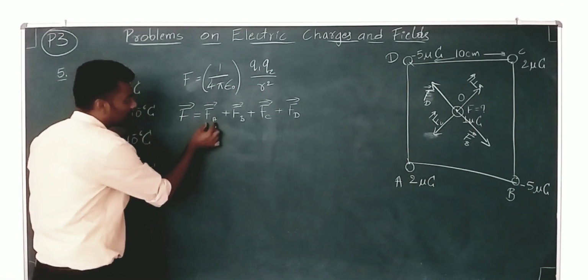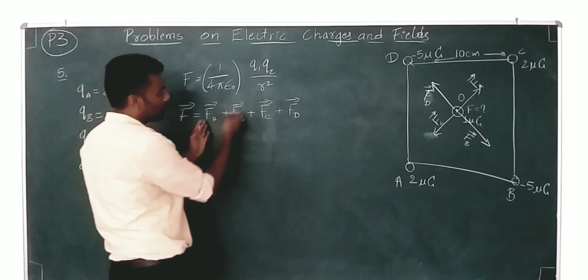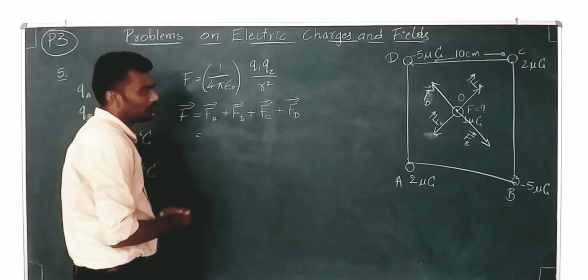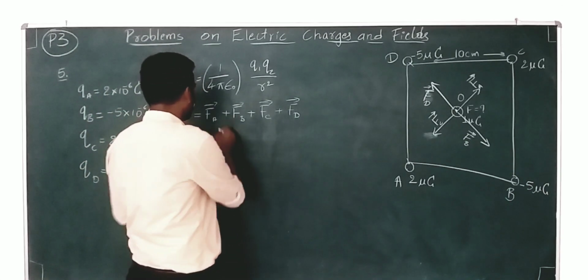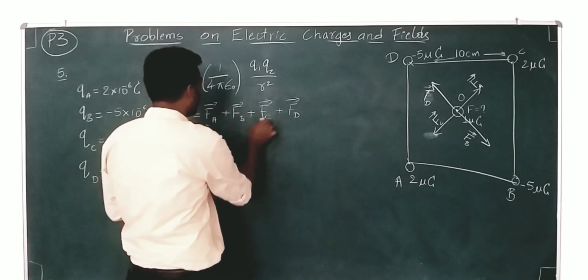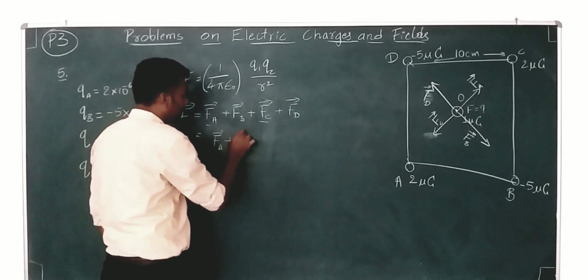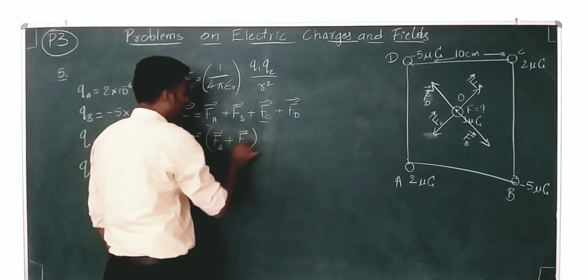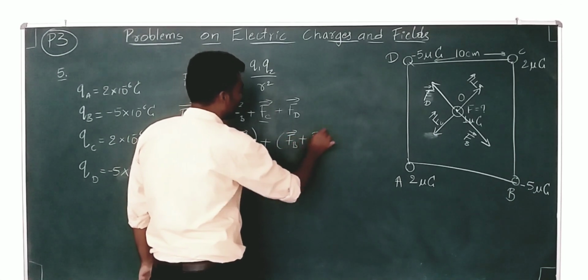Now let us find FA, FB, FC, FD, or I can replace this vector addition using their corresponding symbols. Look at FA and FC. Let me bring them together. So FA plus FC plus FB plus FD.